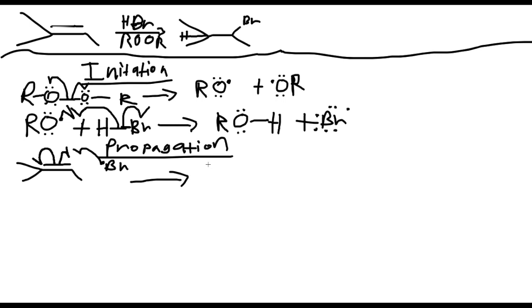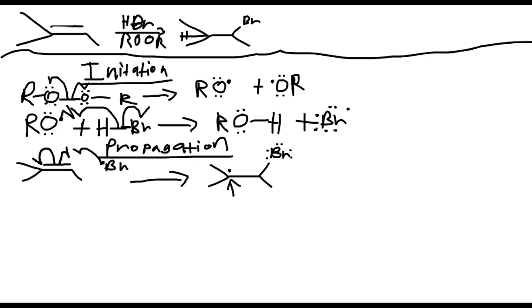Now this will form this. Right. Now the bromine is on the structure. Right. 3 lone pairs are on the structure. Now we also have that carbon has the radical now. Now take a look at this carbon. This carbon is tertiary, right?